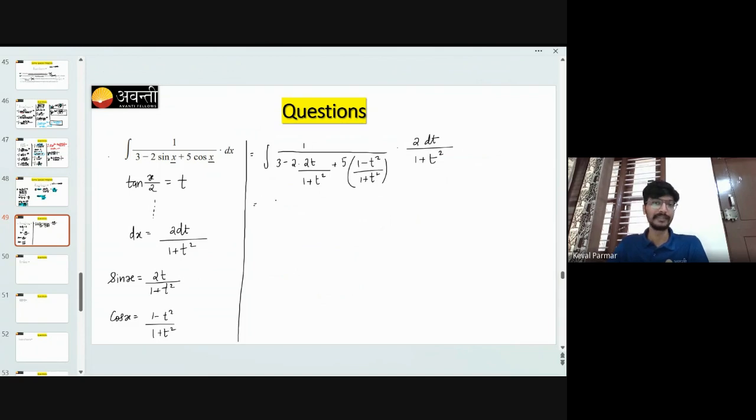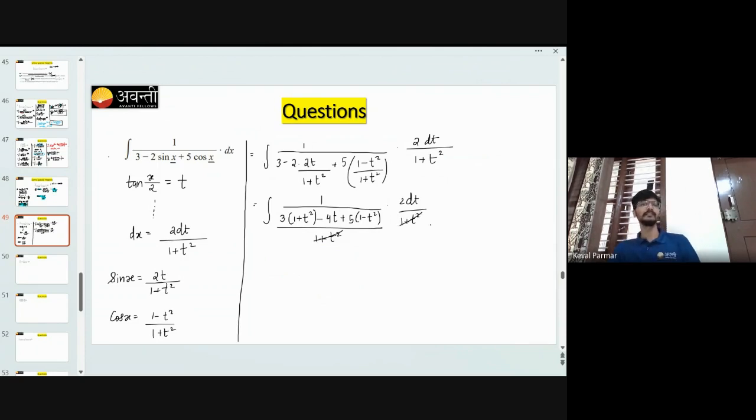If I take LCM in the denominator, what I'll get? I'll get 3 into 1 plus t square minus 2 into 2t, that is 4t, plus 5 into 1 minus t square, the whole upon 1 plus t square. And here it is 2 dt upon 1 plus t square. This 1 plus t square, this 1 plus t square will get cancelled.